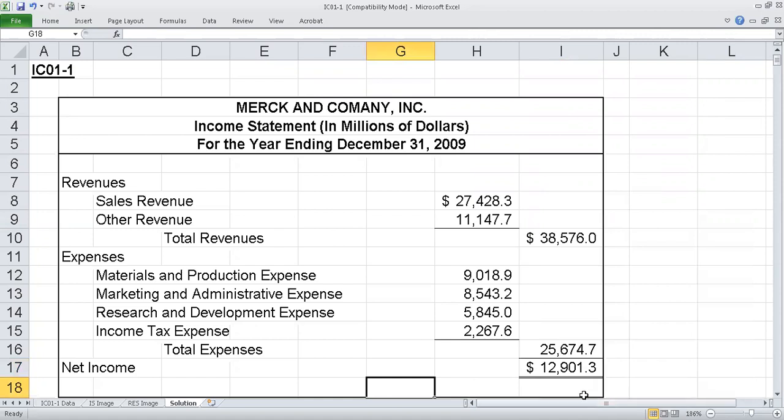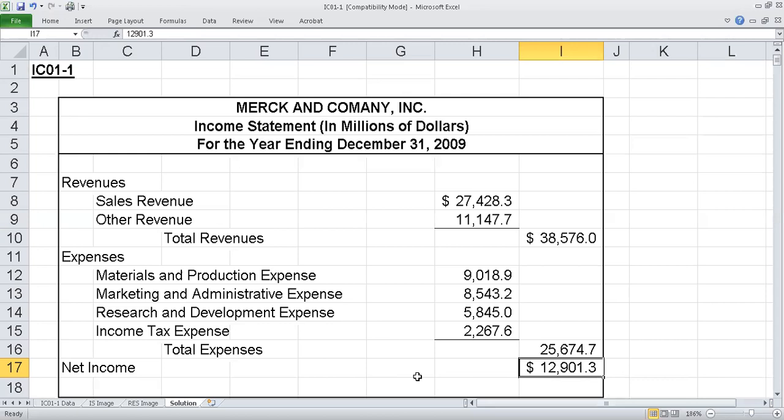I know it's a little bit hard to see, but this is double underlined. And that's to draw the reader's attention to the bottom line figure. So the bottom line figure, whatever it is, gets a dollar sign and double underlining. Right? So that is a properly prepared income statement.